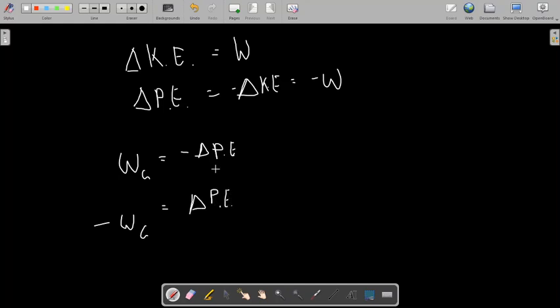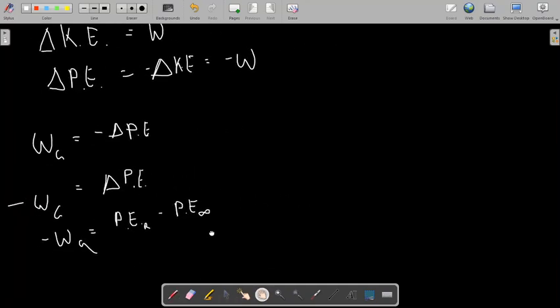So what does this change in potential energy mean? It is the change in potential energy as the mass moves from infinity to the point capital R, so the final position is potential energy at R minus the potential energy at infinity. That gives us the negative of the work done by gravity.